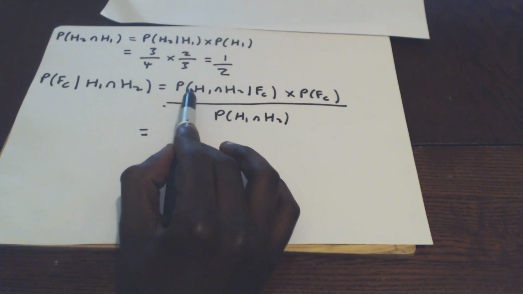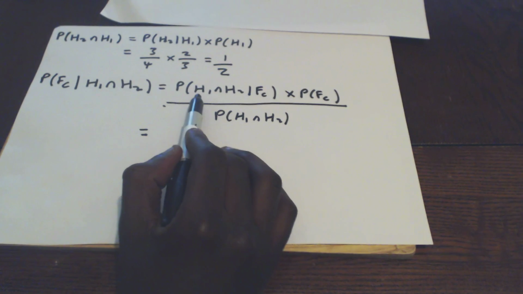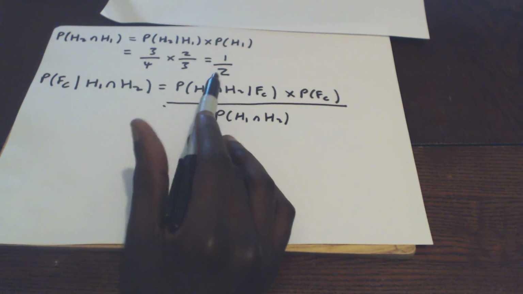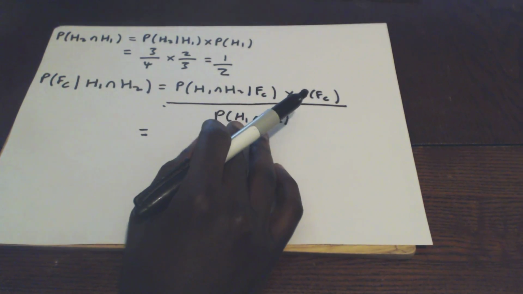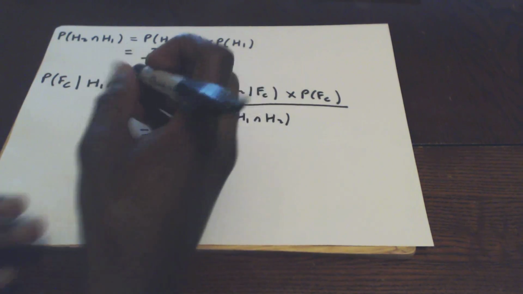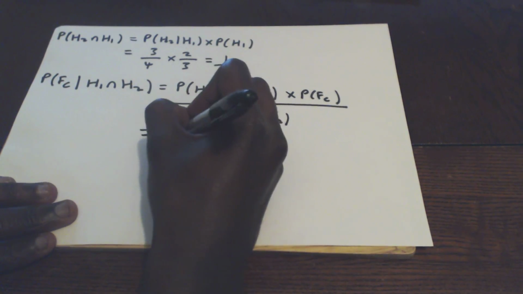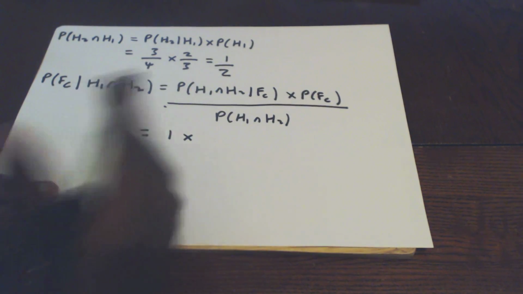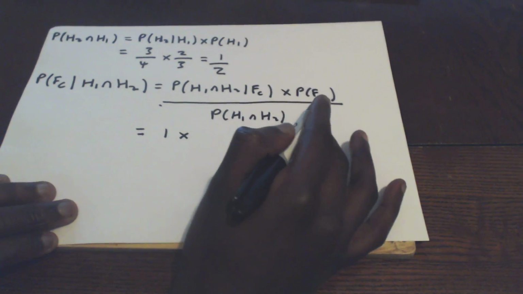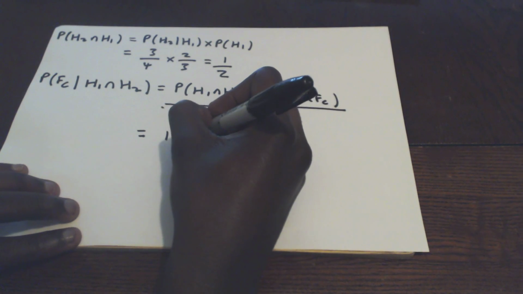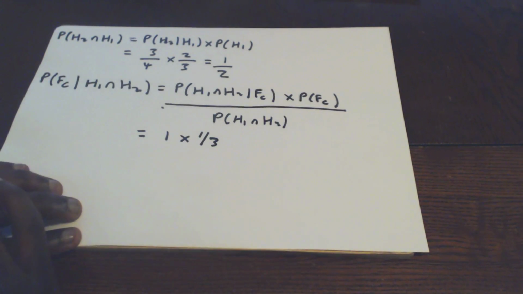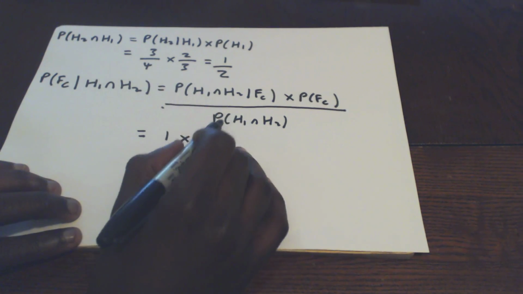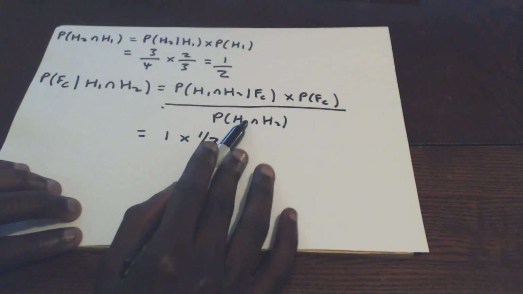Well, what's the probability of the first one being heads and the second one being heads, given that you tossed the bias coin? Well, the bias coin is always going to get heads, so that's going to be 1 times, let's see, the probability that it was the bias coin. Well, there's 1 out of 3 possibilities, so there's a 1 out of 3 chance that you actually pick it, over the probability of H1 and H2.